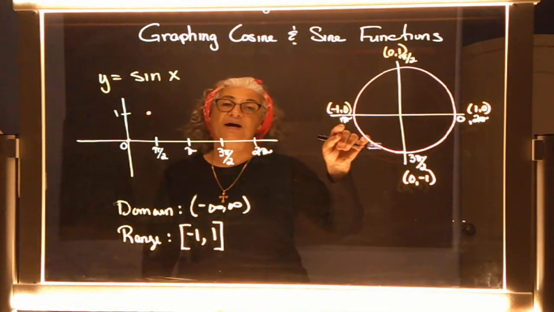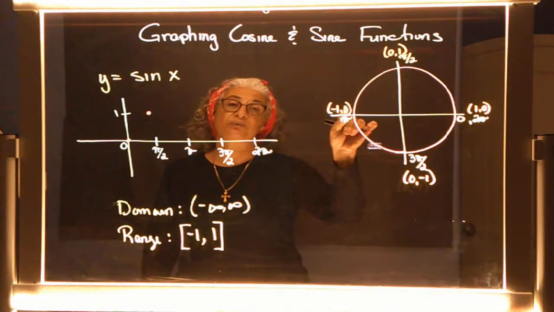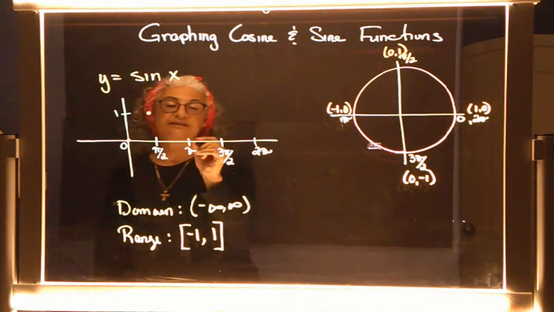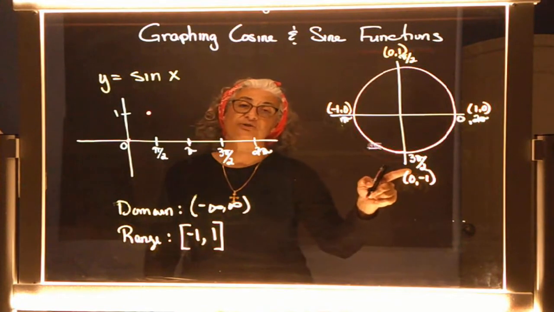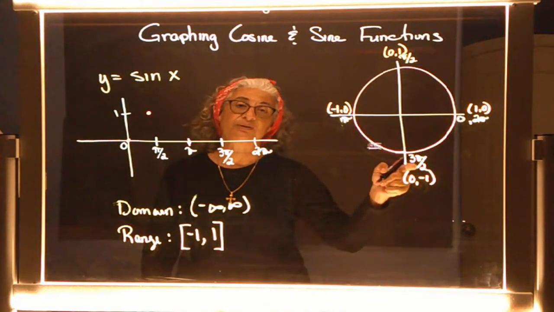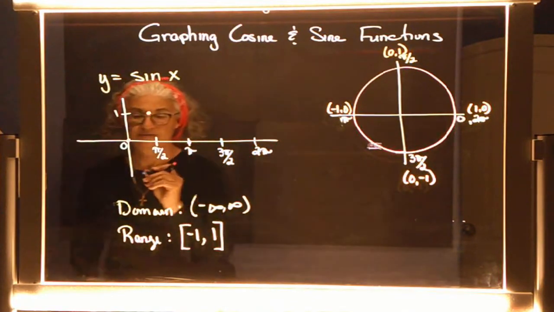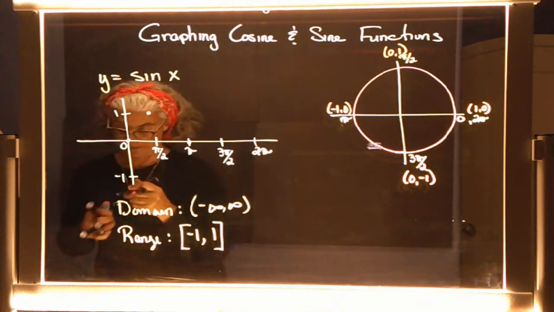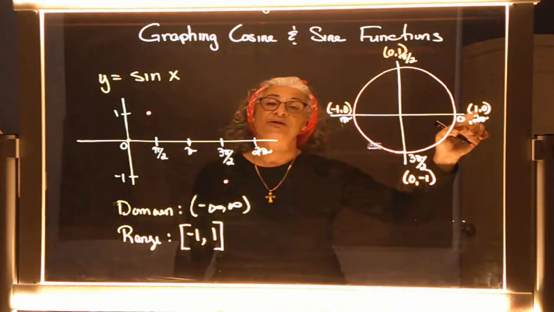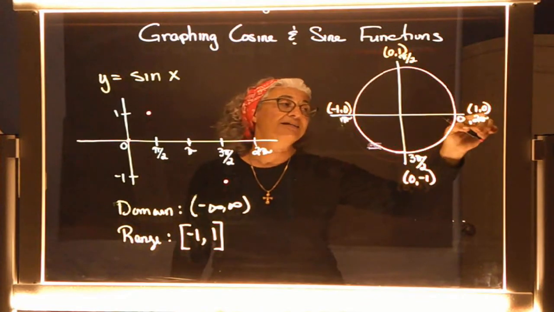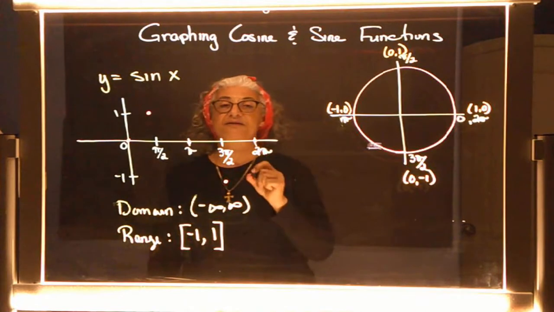If I now move to pi, and I'm talking about the sine of pi, sine function is the y-coordinate, which is, good, that's 0. If I move to 3 pi over 2 and look at the sine of 3 pi over 2, I'm looking at the y-coordinate, which is, good, -1. And I'm going to complete the circle and end back at 2 pi. And the sine at 2 pi is, excellent, it's 0 because it's the y-coordinate, isn't it?